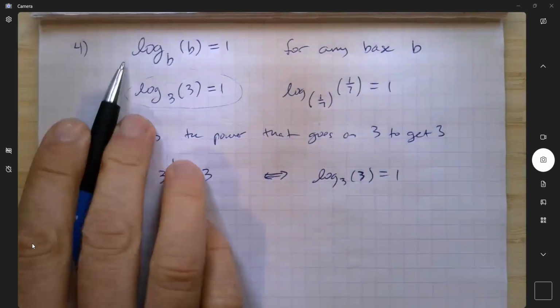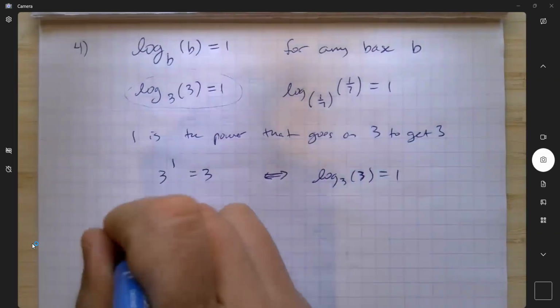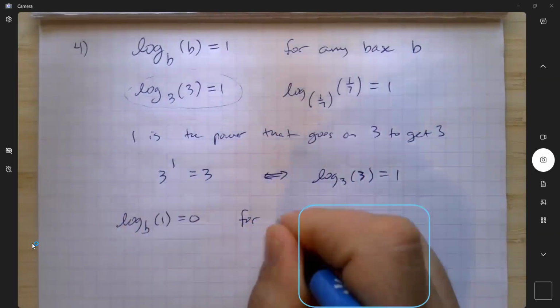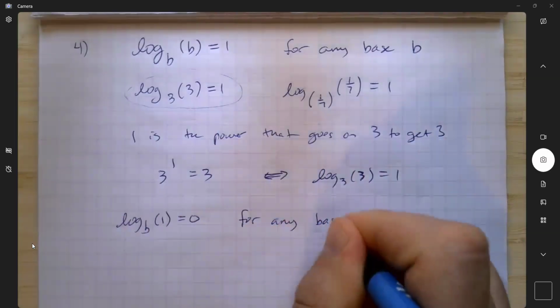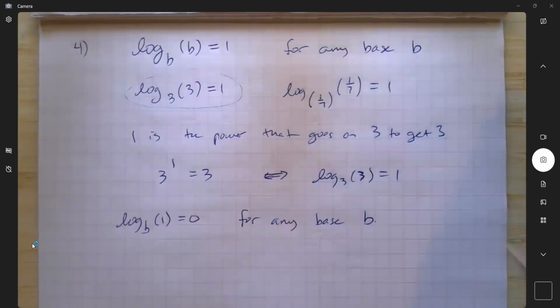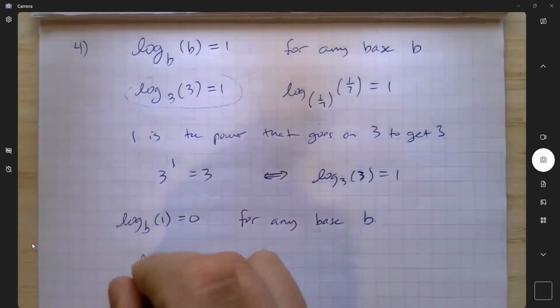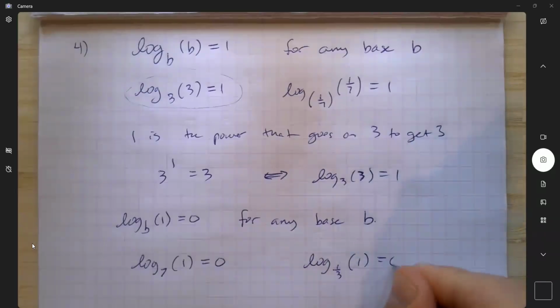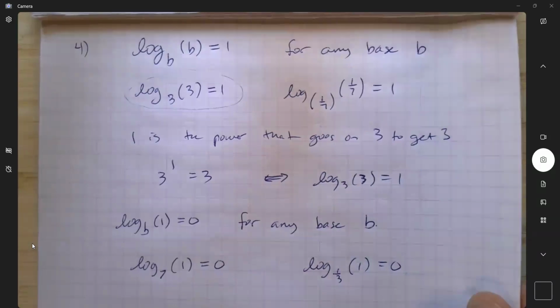And then another fact to memorize is log base b of 1 equals 0 for any base b. So for example, log base 7 of 1 equals 0. Log base 1/3 of 1 equals 0.